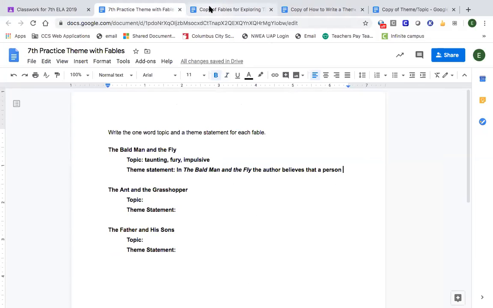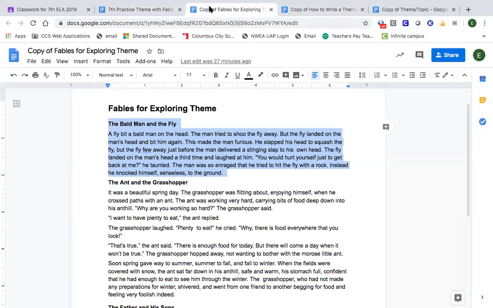What do you think the author is trying to say by this? "You would hurt yourself just to get back at me." So that's an impulsive thing, to hurt yourself just to get, like, without thinking. Like when Marshawn punches a wall. He's doing that because he's frustrated, right?